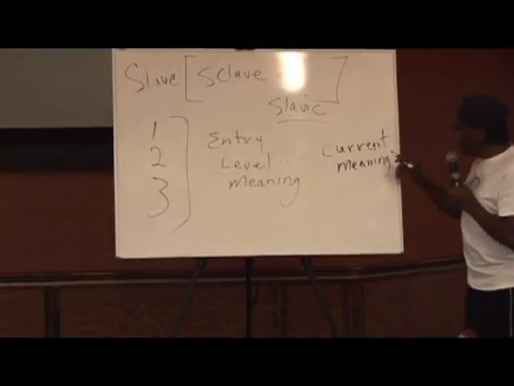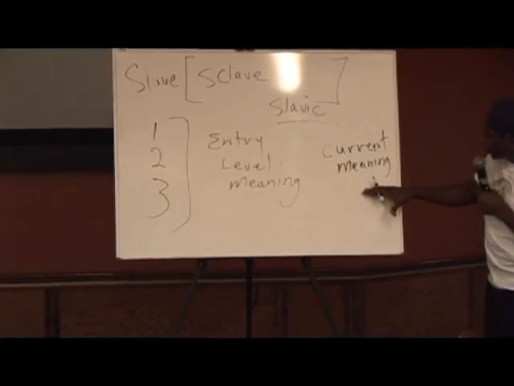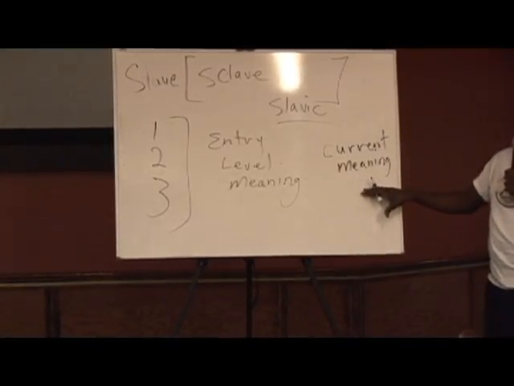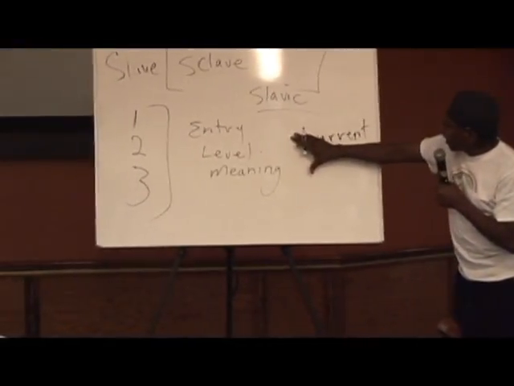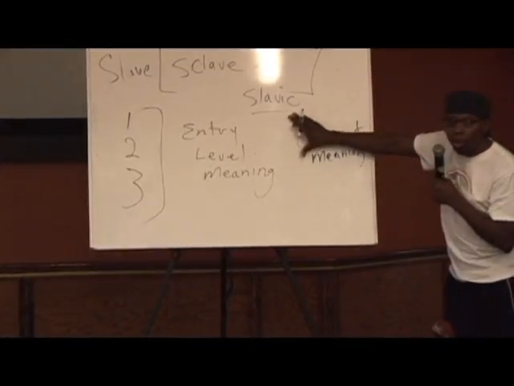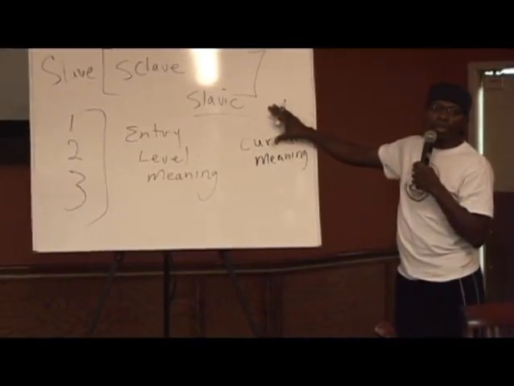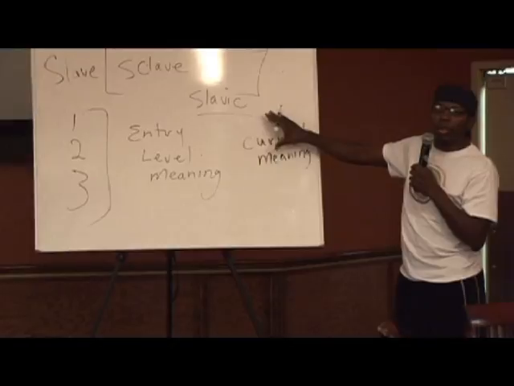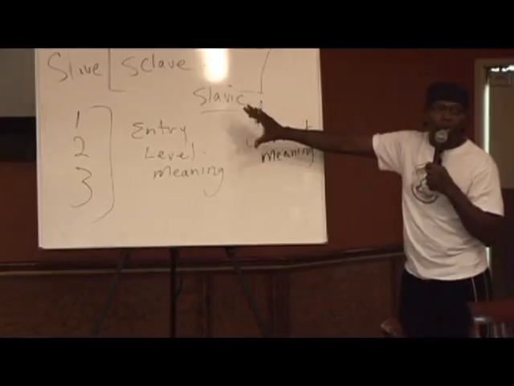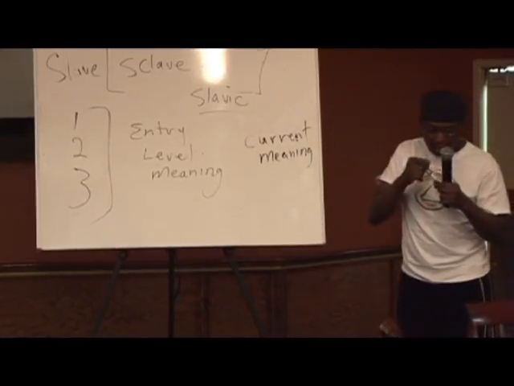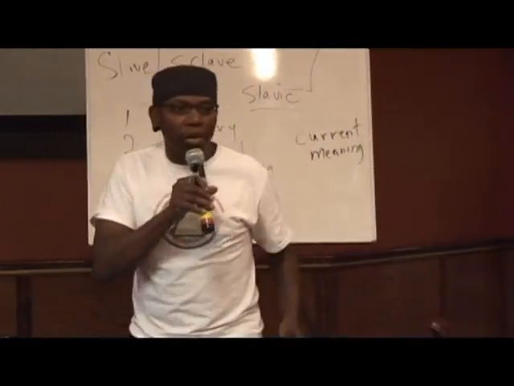And they would use what they call, quote unquote, current meaning as the basis to determine any other meaning. So this is the current meaning, as they will call it, and anything that is not in harmony with this quote unquote current meaning is false. They'll say, well, that's obsolete. That's archaic. That doesn't apply anymore. That meaning of slave doesn't apply anymore.